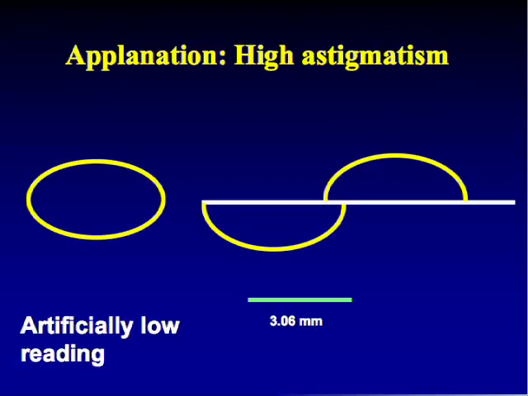in fact, mathematically, this is the proper reading because you want to be at basically 58 degrees, I believe, to the major axis of the ellipse to get the exact measurement. So this is actually right, but it looks like it's wrong. So you back off on the knob, and then you end up with an artificially low reading.